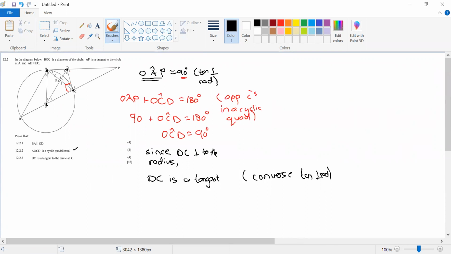So that would be our entire calculation for 12.2.3. Are you okay? Yes. All right, awesome. So now let's take a look at the next paper, which would be 2017, okay? Okay.